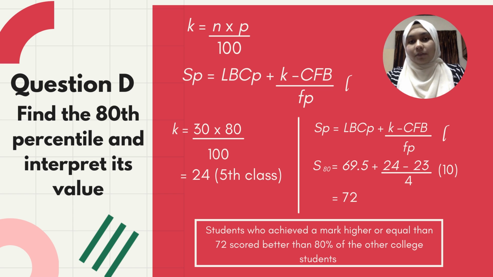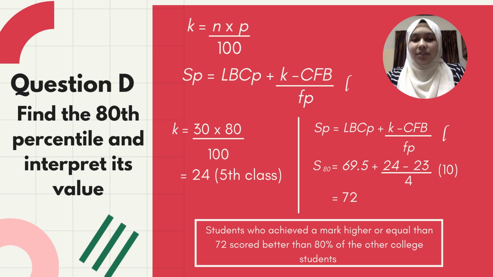FP is the frequency of the percentile class itself, and in this situation, it is 4. Now don't take the cumulative frequency, take the frequency itself of the 5th class. And then we have to times it by 10, which is the class width. And all of that is 72. And so 72 is the true value of the 80th percentile.